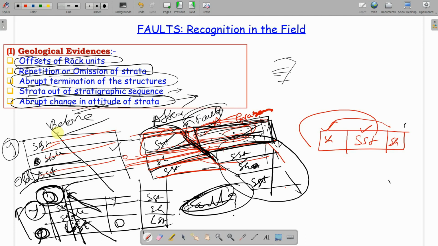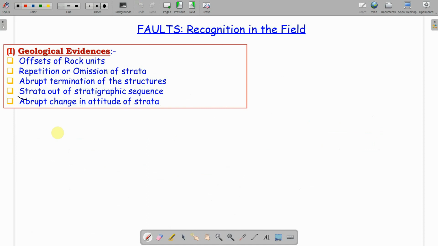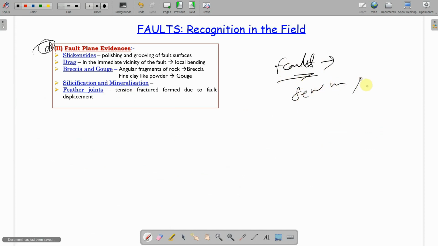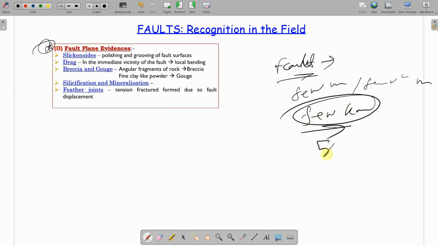Okay, now the second type of evidence, the second type of criteria, is fault plane evidence, and this is very important. See, the fault plane could be a few meters or a few hundred meters to a few kilometers. In my last class I told you it could be up to, let's say, 5 kilometers.